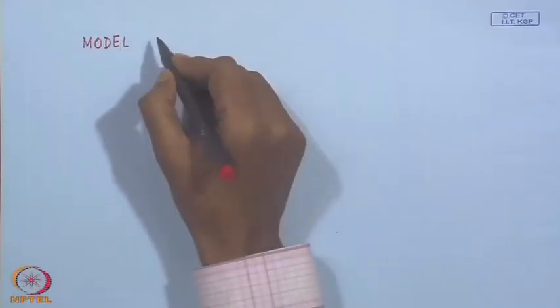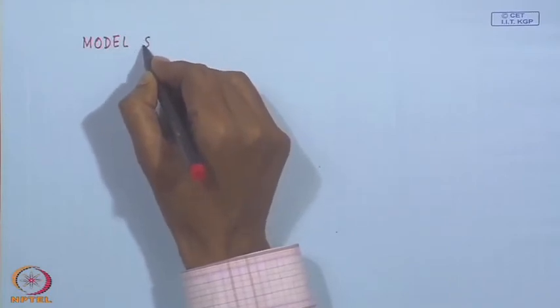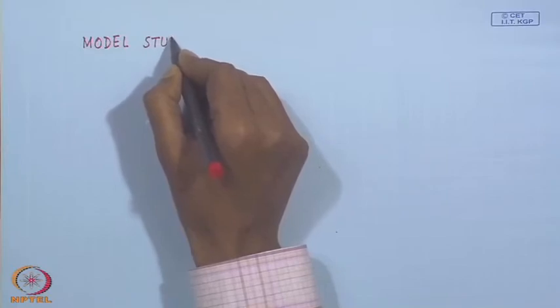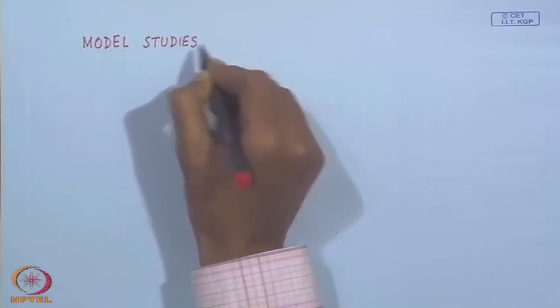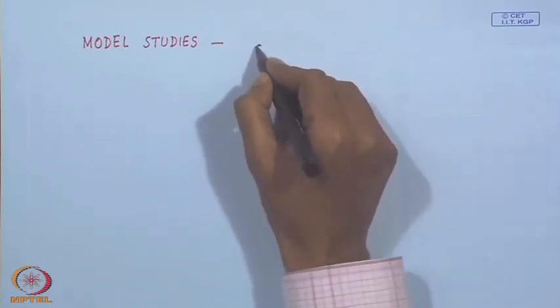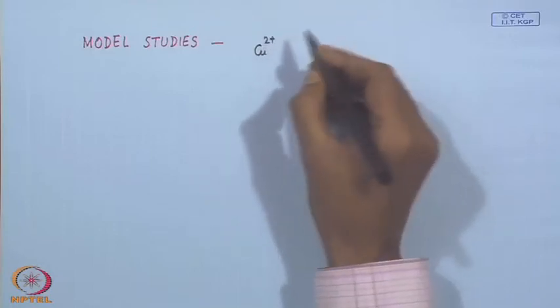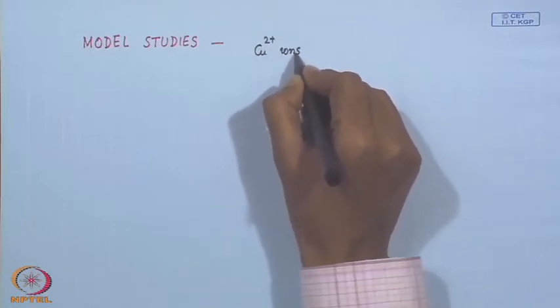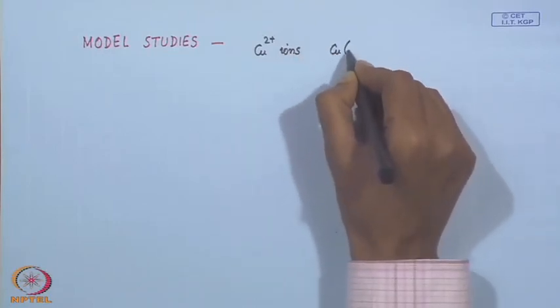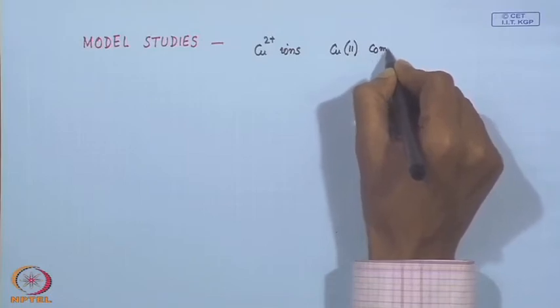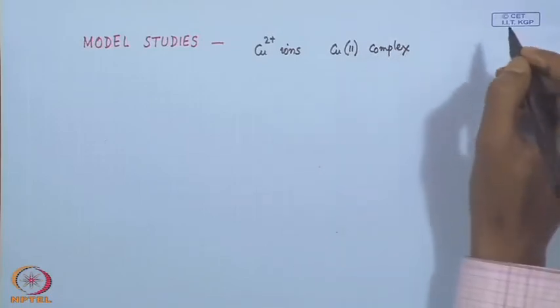So, you have a 3 component system. When we go to the laboratory to study this system on simple model compounds, the model study we can make with a simple copper 2 ion or any copper 2 complex.